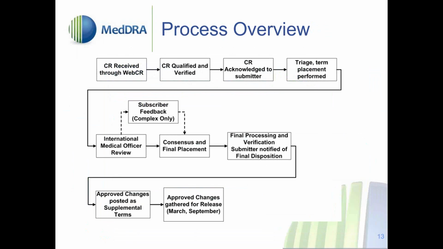You're then informed of the decision, and if it's approved, the term, if it's added, becomes a supplemental term. That means that it has been approved and it's waiting for release in the forthcoming version. So this is the whole process. We have a triage step, and then we have a consensus where international medical officers review and discuss your request.